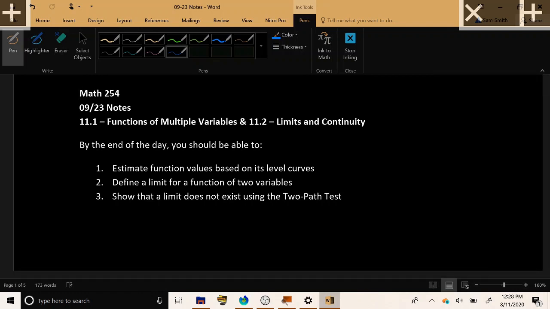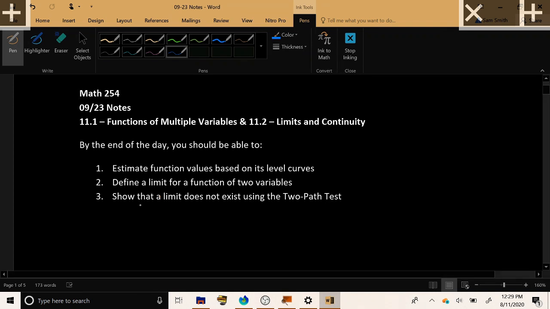So by the end of the day, here's what we should be able to do. First of all, to finish up 11.1, the first thing that we need to be able to do is use the contour map of a function, use its collection of level curves, to estimate a function's output value. Not even looking at the graph, perhaps without even having access to the function's equation, can we estimate its output.